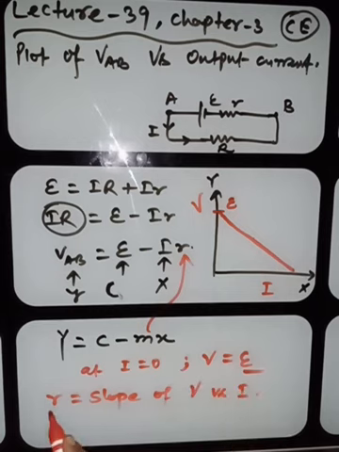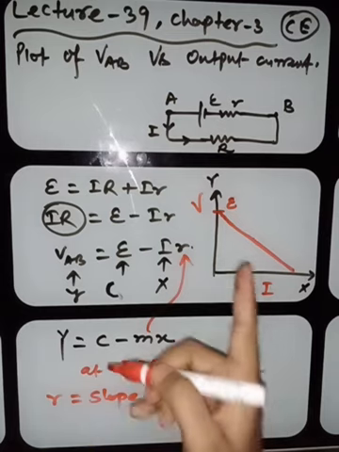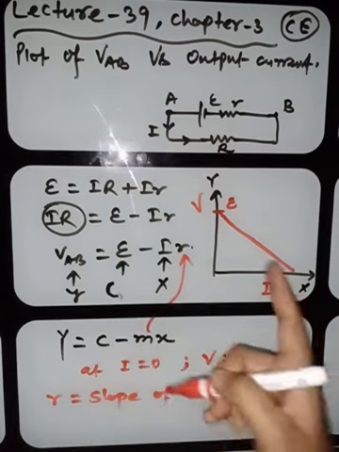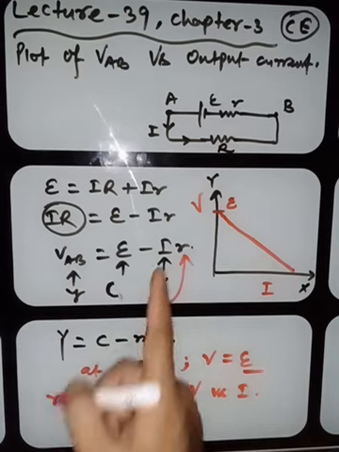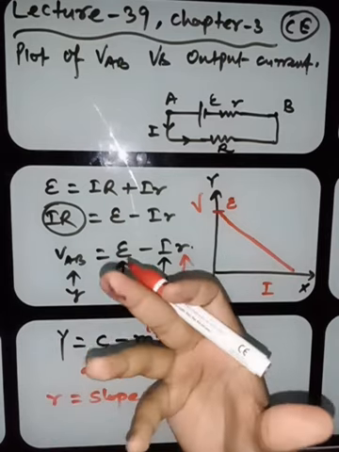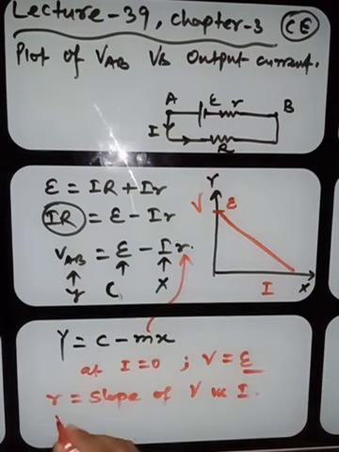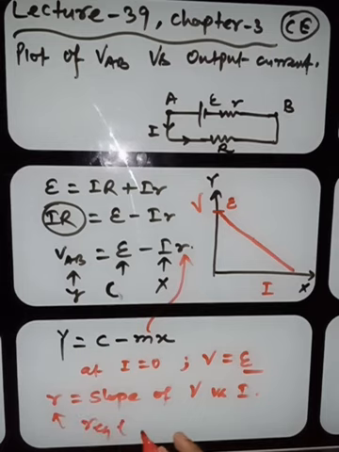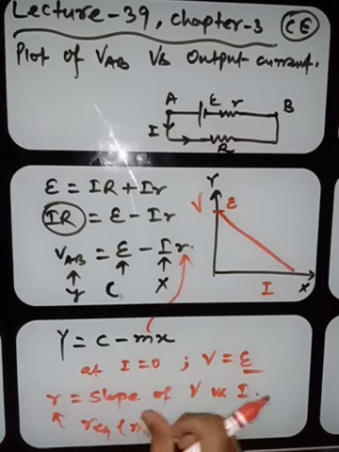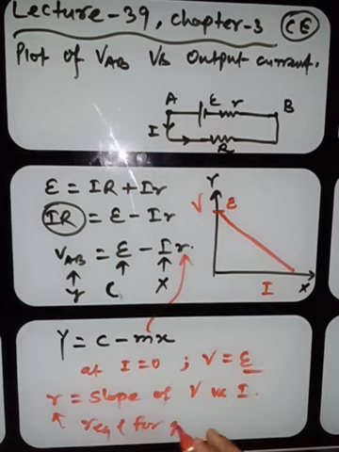But remember, this r will be the equivalent r. If you are drawing the plot for one cell, then of course you can find it out here. But if a number of cells are connected in series or parallel and you get the slope, then this will be the equivalent resistance, r equivalent, for the grouping of cells. For a single cell, it is the slope, and the slope you can calculate by tan theta.